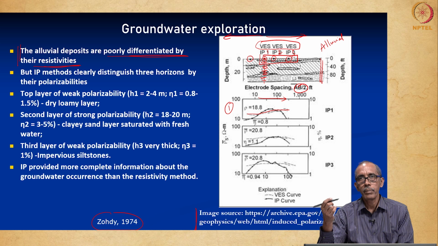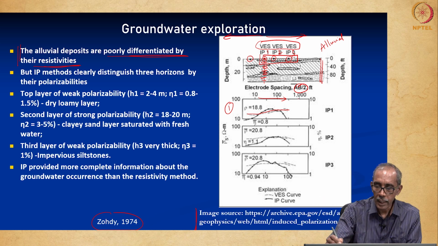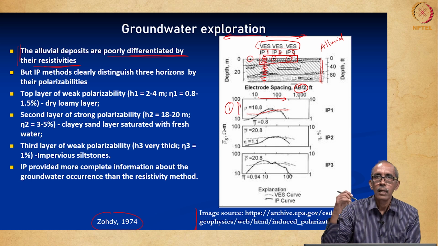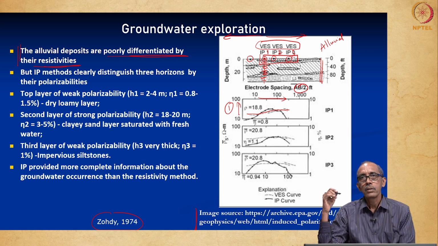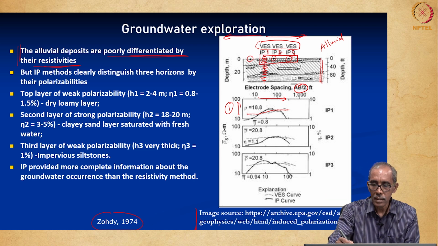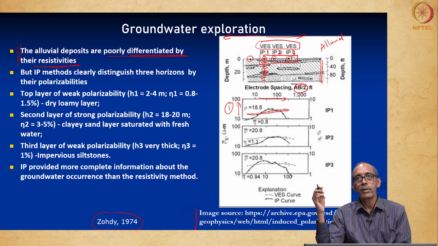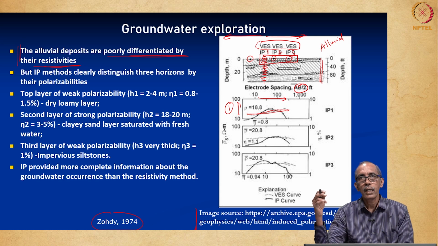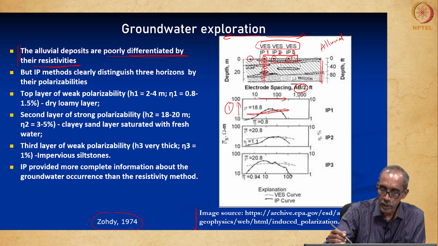They have used the Schlumberger method. So, AB by 2 refers to depth. So, this is the depth and this is the apparent resistivity, right. There is not much variation in apparent resistivity, more or less it is horizontal, varying between maybe 30 to 40 or 50 ohm meter, right. So, it didn't give sufficient information.